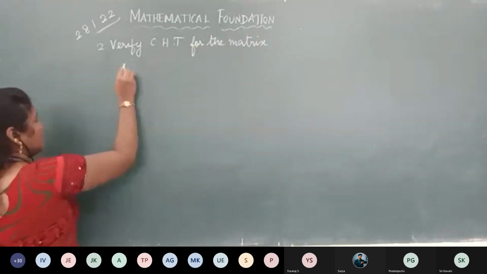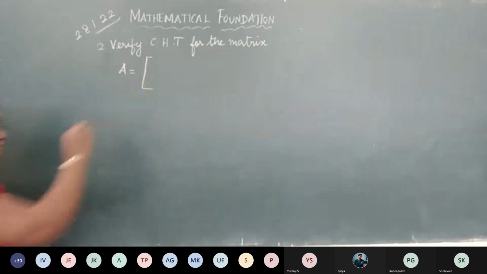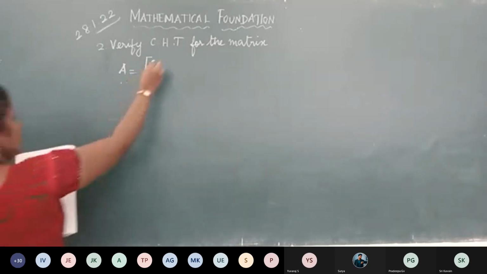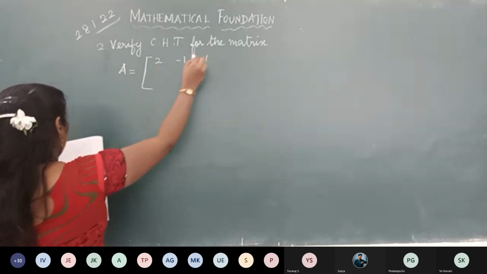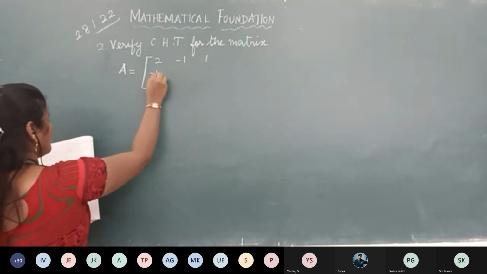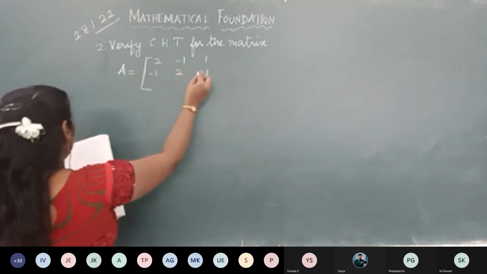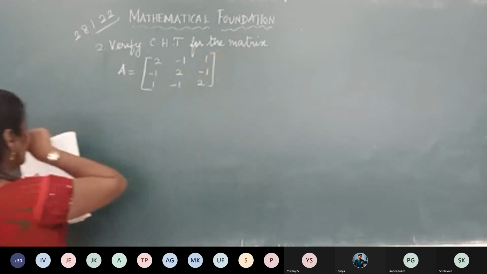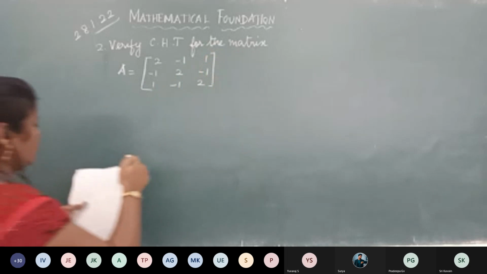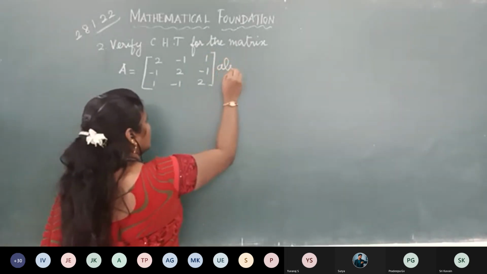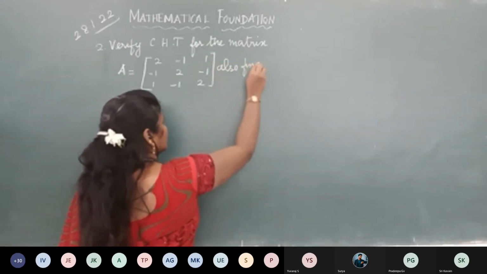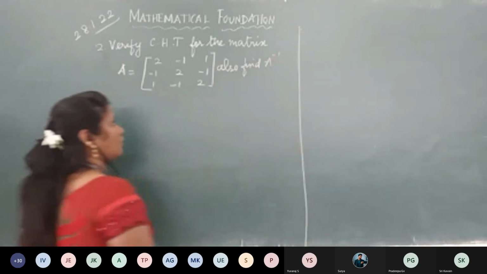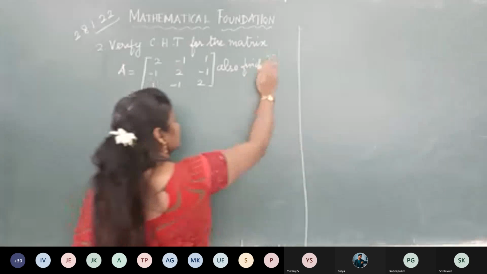That 3 cross 3 matrix is 2, minus 1, 1; minus 1, 2, minus 1; 1, minus 1, 2. And also find A inverse. They have also asked you to find A inverse.